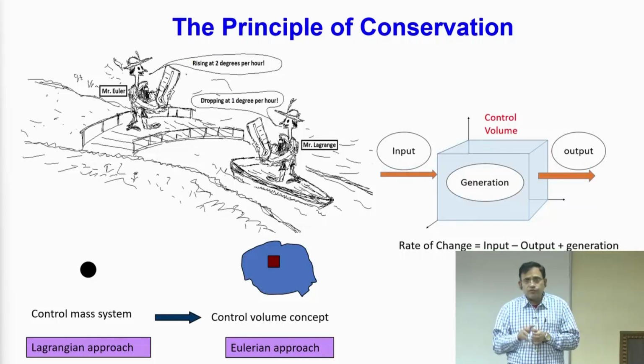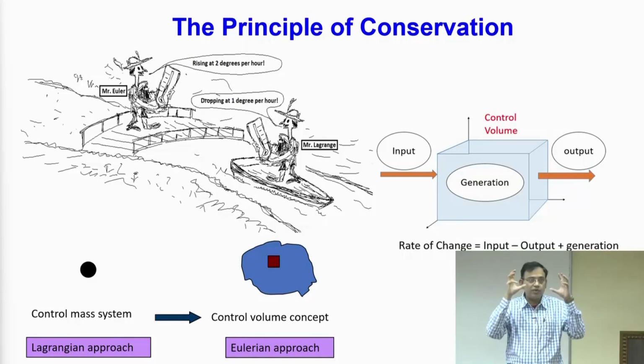So, instead of tracking such a control mass as it is moving, it is much more convenient to focus your attention on a specific location. That specific location itself can be movable, it is not that it has to be fixed, but a specified location, and your entire observation is around that focus.